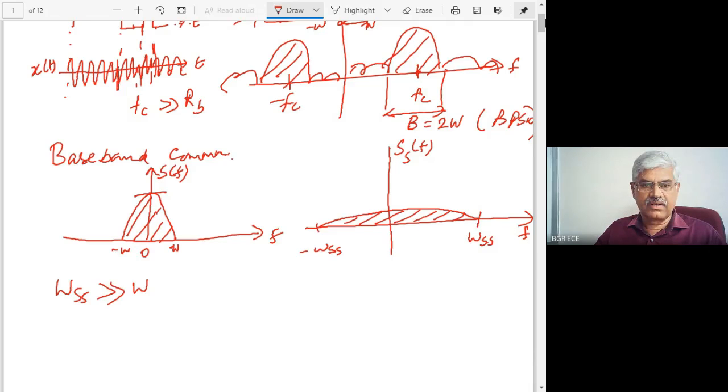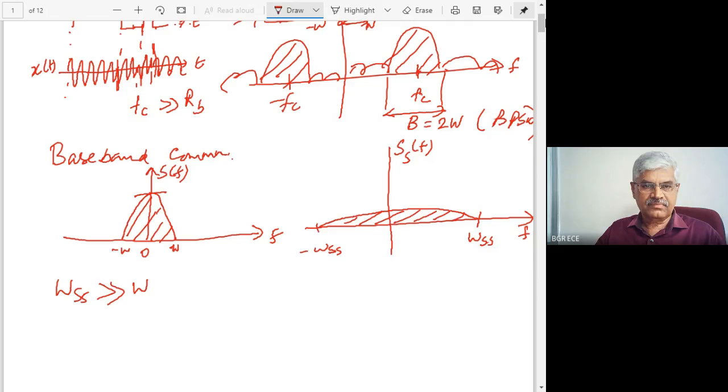So this is what is called spread spectrum. You spread the original spectrum using some technique, some method, and this has the potential to reject intentional interference like jamming, and unintentional interference like multiple access interference, and it gives low probability of intercept.